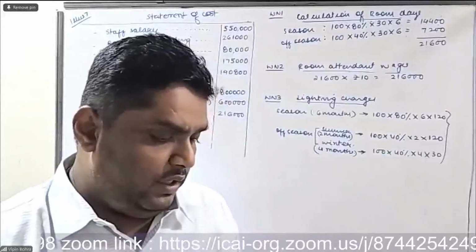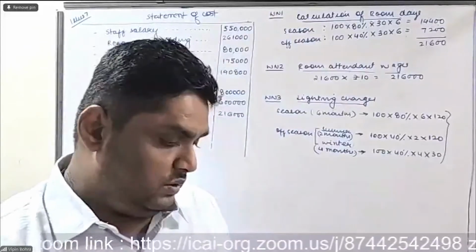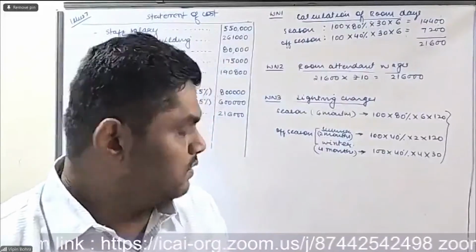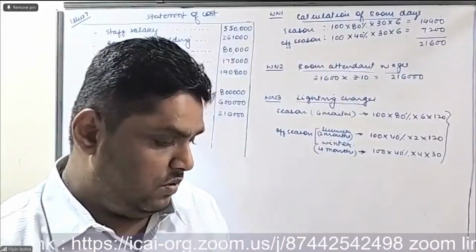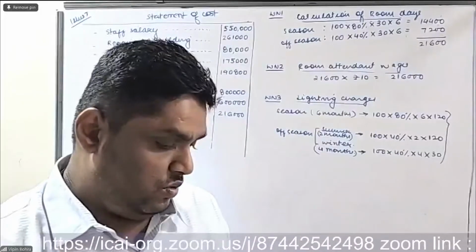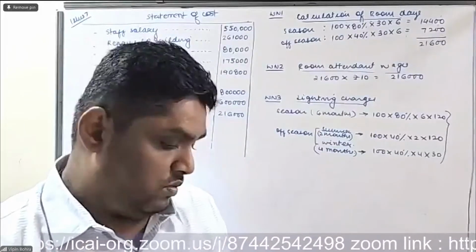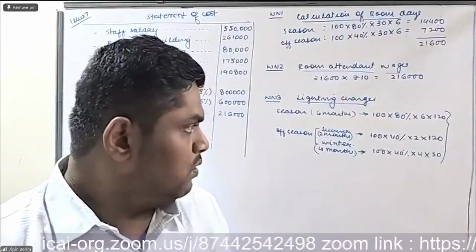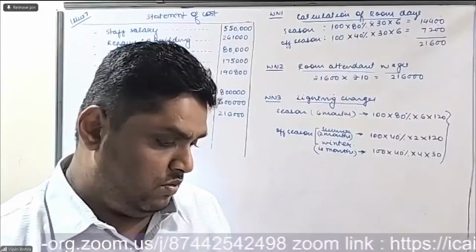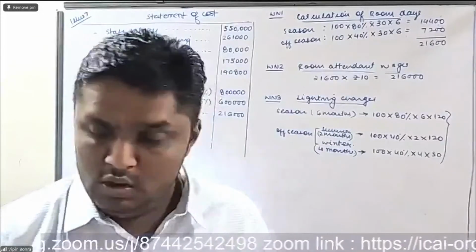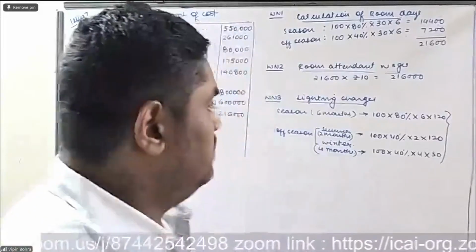So it is 100 into 80% into 6. So this will be 72,000.